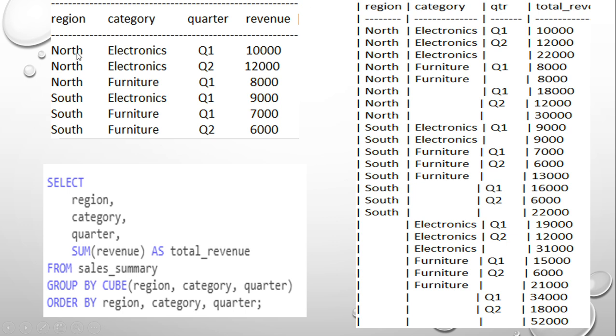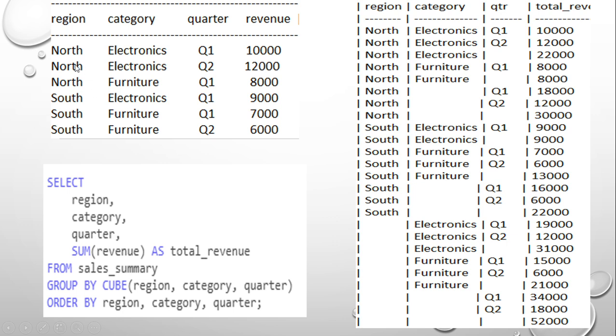Notice we have two regions, and in the north region I have electronics. It gives the electronics breakdown for quarter 1, and then for quarter 2. Then it gives the quarter 1 and quarter 2 totals.